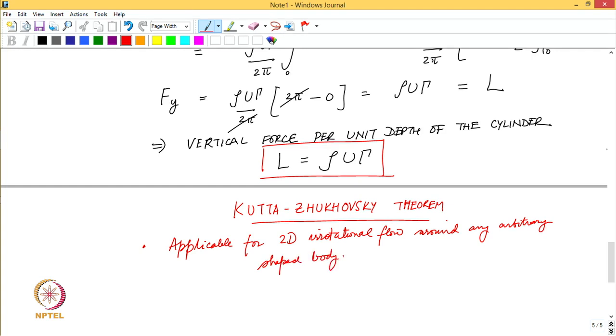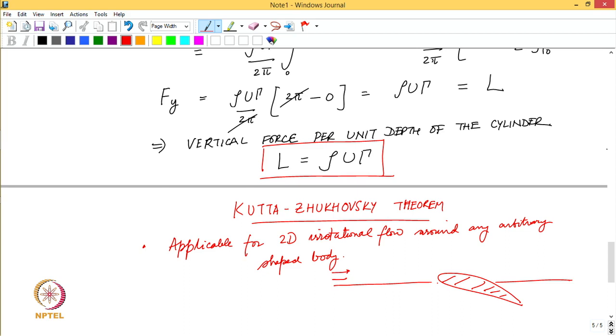and that is why it is a theorem. It says that the lift force generated by an object in a flow where there is some circulation would be given as rho u gamma. It is also applicable, for instance, to flow past an airfoil, which is where the main purpose of deriving this theorem came in.